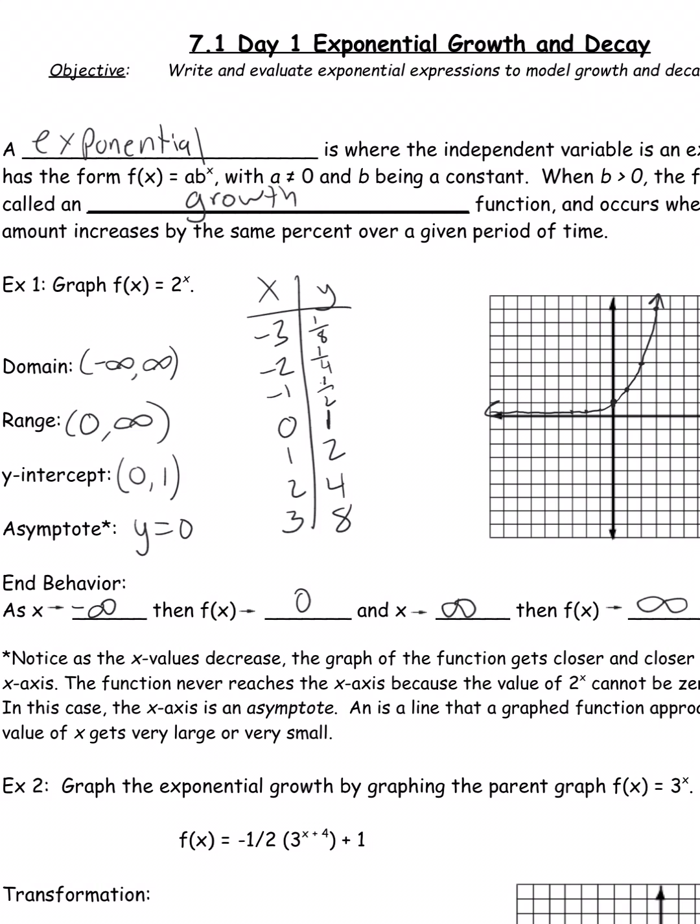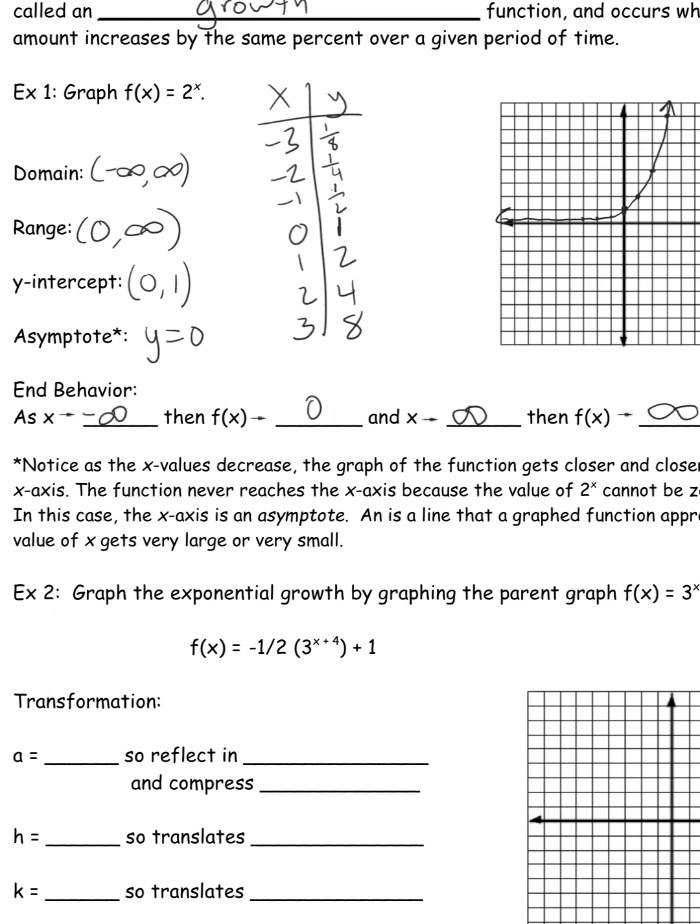The function never reaches the x-axis because the value of 2 to the x cannot be 0. There's no power that I can raise 2 to make it equal 0. So the x-axis is an asymptote. And an asymptote is a line that a graphed function approaches as the x gets very large or very small.